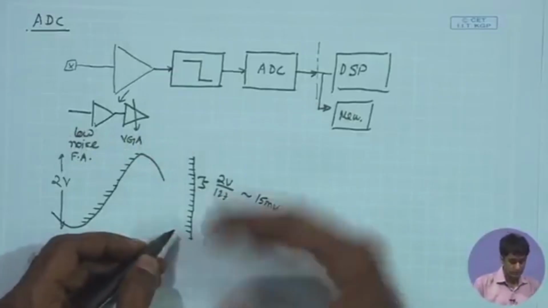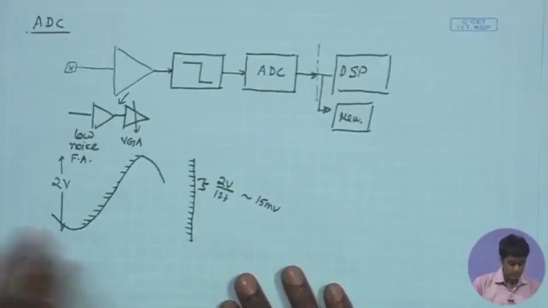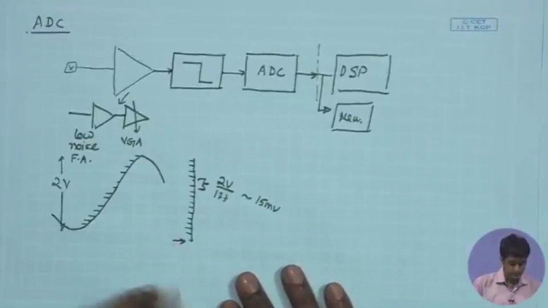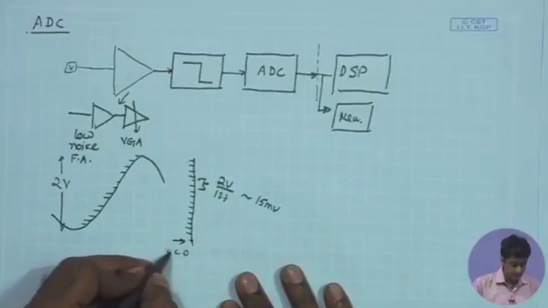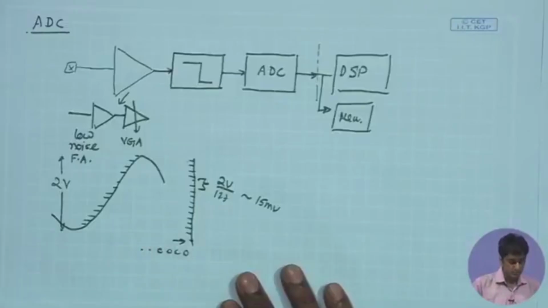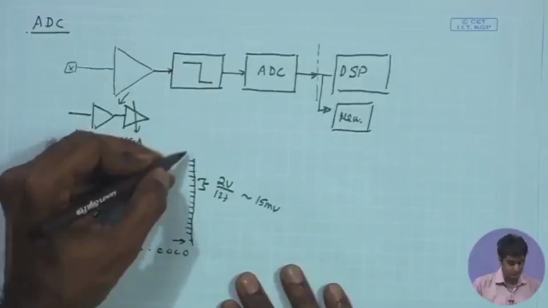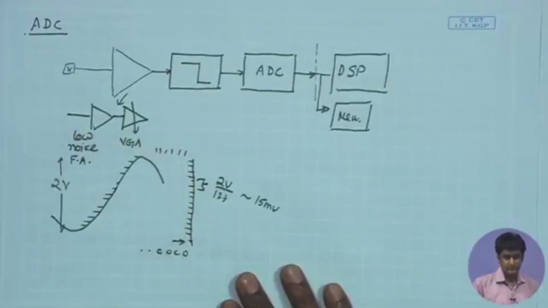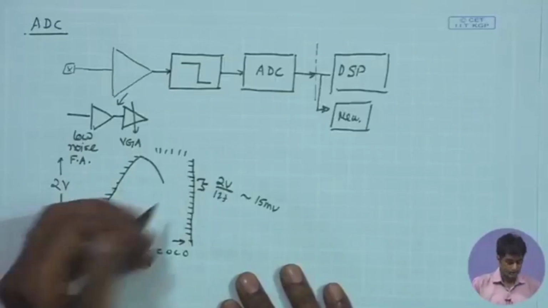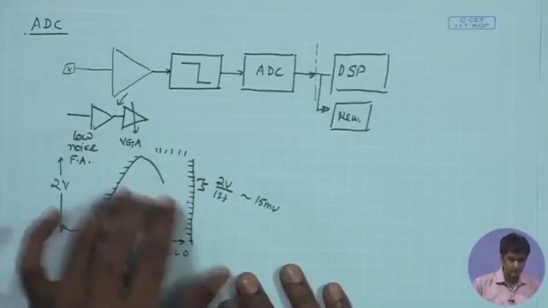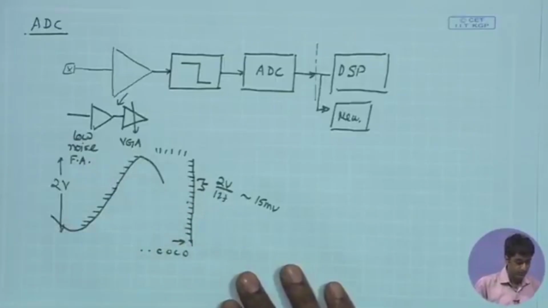So, we know that for 127 we need 7-bit digital word. If the data is lower than the lowest reference, then you can say that all the 7 bits will be 0, and if it is higher than the highest reference, then all the 7 bits will be 1, and in between we can accordingly have the corresponding analog value converted into the digital form.